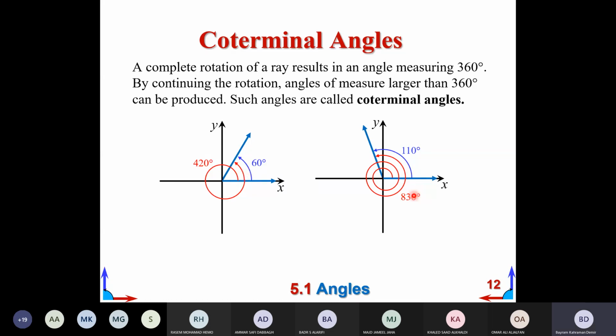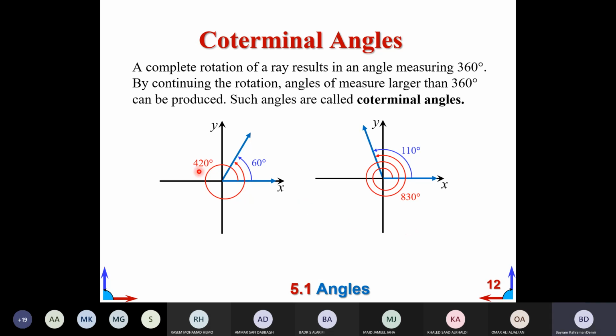And similarly, Shabab, we have 830 degree. How much is that? Well, it is one full rotation, 360, another rotation, 720, right? 720 plus 110 will give you 830. So you see 110 degree and 830 degree are coterminal angles. Now here is the idea, Shabab.